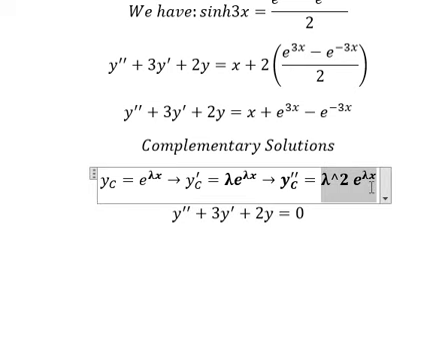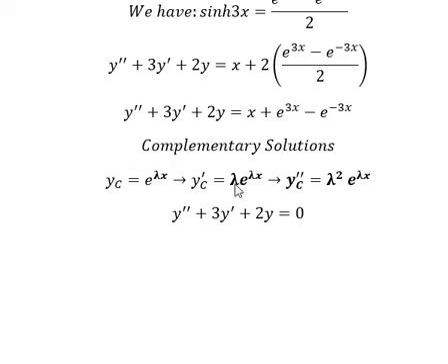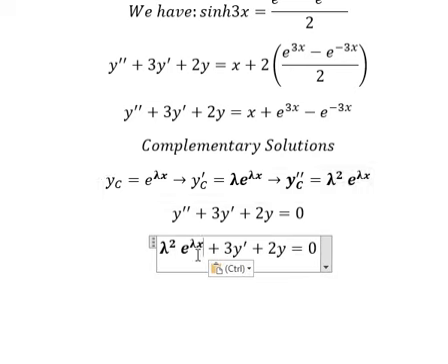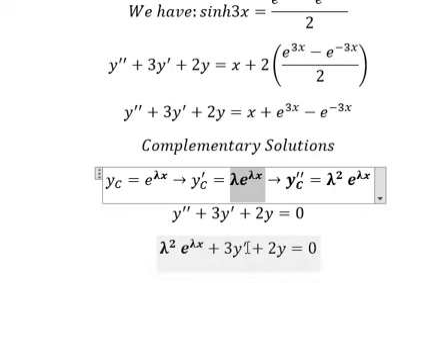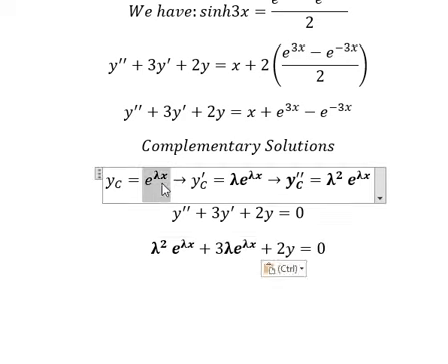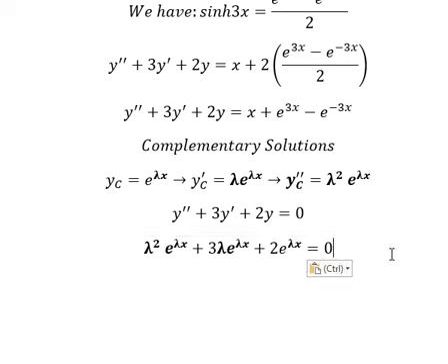So I will put this one to change for this one in here, and this one go in here, and this one go in here. So e to the power of lambda s, we can do about factorization.